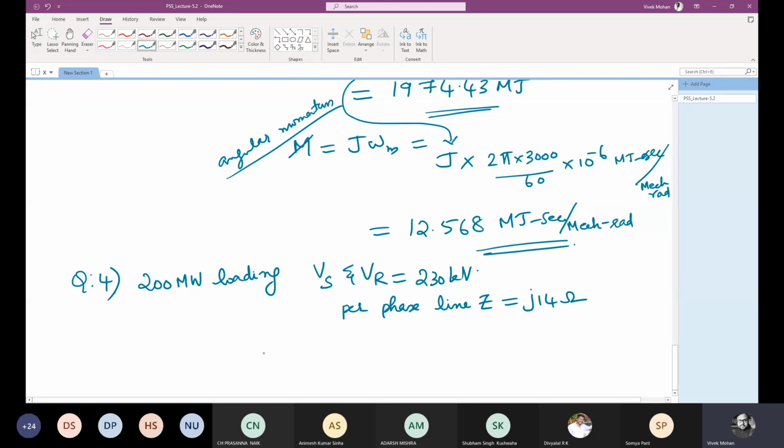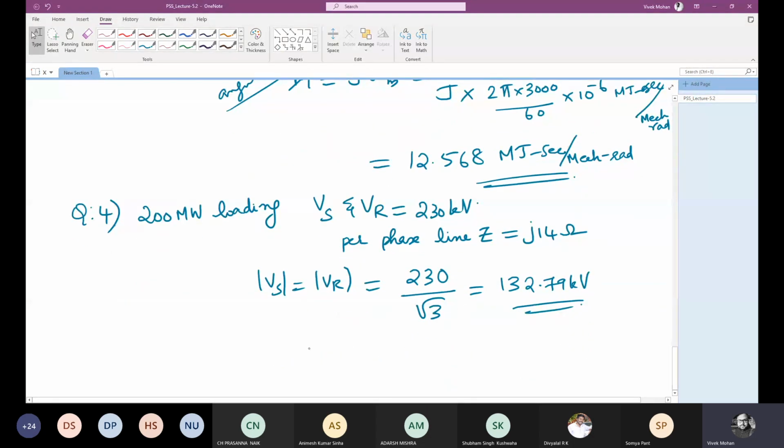Here Vs equals Vr equals 230. For per phase, divide by root 3, which is equal to 132.79 kV.